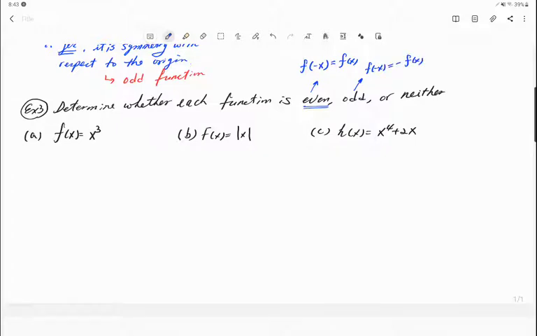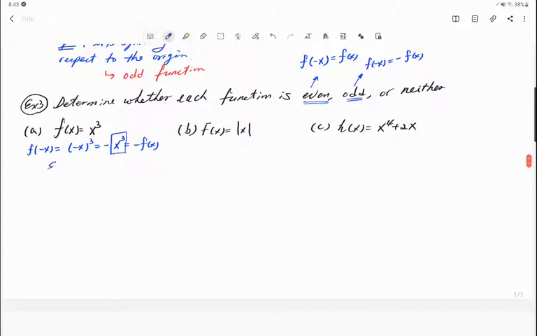And neither is none of this. All right, so let's try this. Replace x with negative x, then it will be negative x cubed. So the negative goes outside, and this equals negative times f of x, right? So since this satisfies the definition, this one is an odd function.